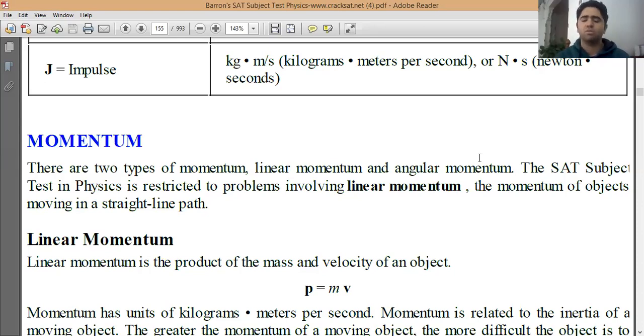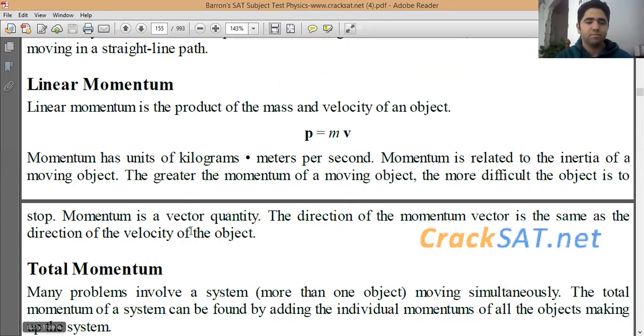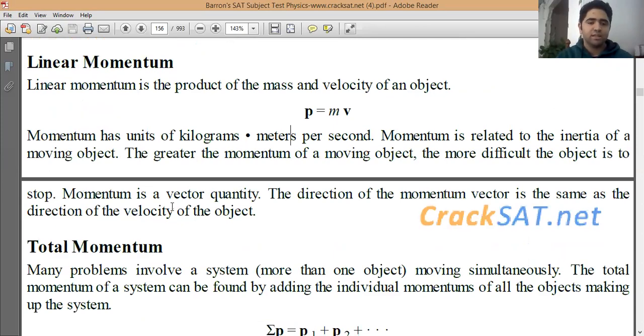The small car will be easier to stop. Why? It has a smaller mass and thus smaller momentum. So the smaller the momentum, the easier it is to stop an object, and the larger the momentum, the harder it will be to stop an object. So momentum is a measure of how easy it is to stop an object. Okay. So that is linear momentum.